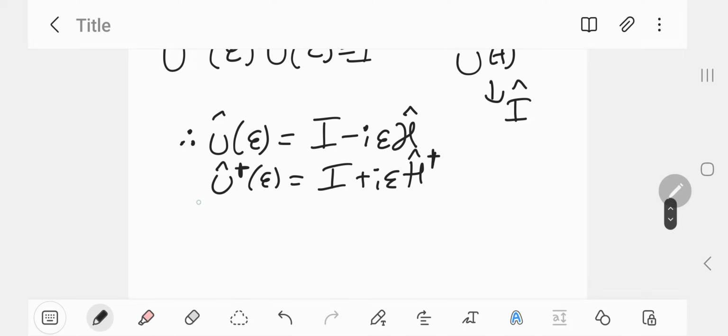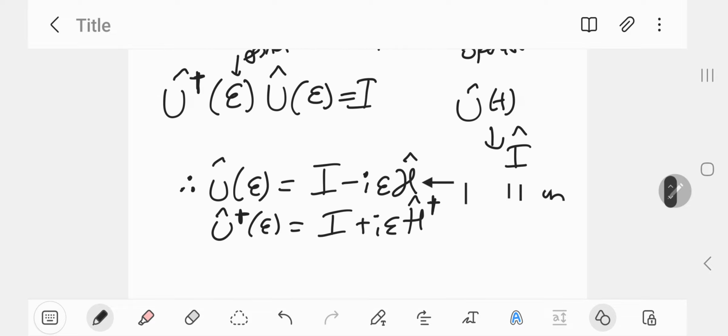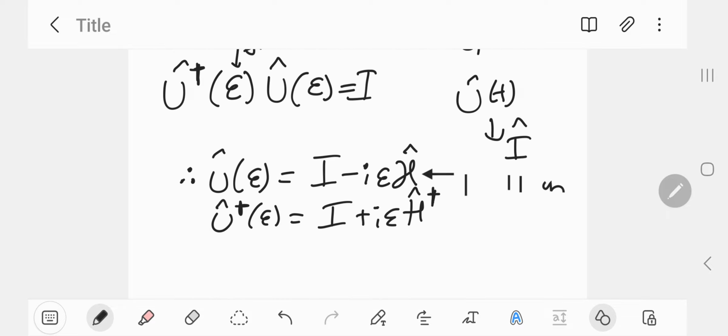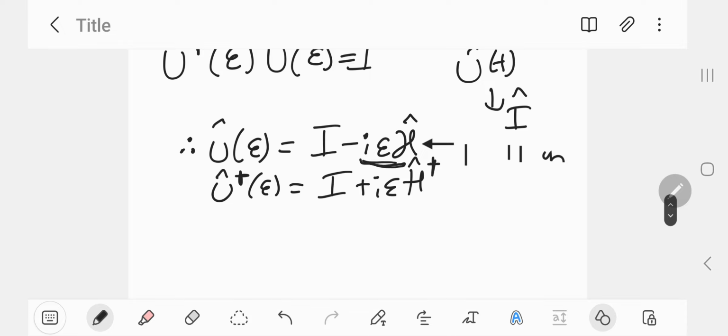That's the Hermitian adjoint. H is like an energy operator. H is also known as the Hamiltonian, like the energy. So the unitary operator differs by a small amount from the identity operator by this thing here.